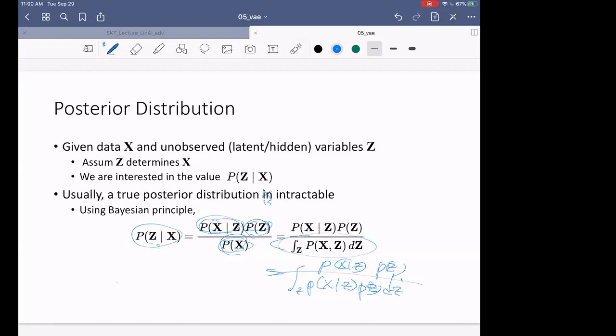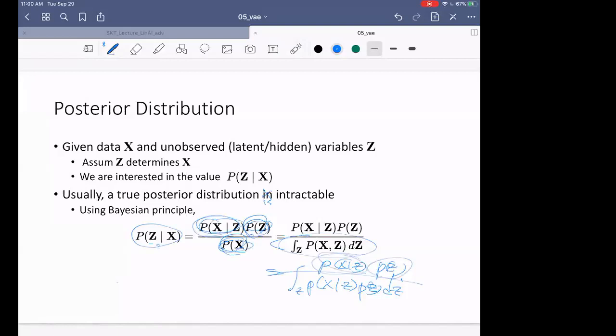So, in the Bayesian principle, this is called the prior, this is called the likelihood, and this is called the evidence. So I just converted the evidence to look like the numerator, and as I said, you can probably assume that this follows a certain distribution, and this follows a certain distribution.